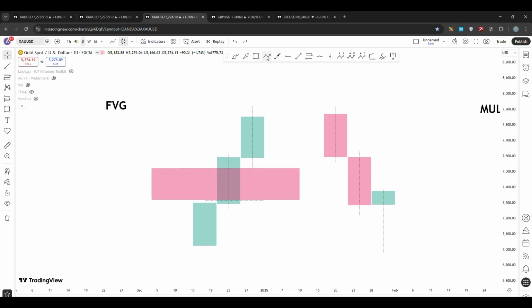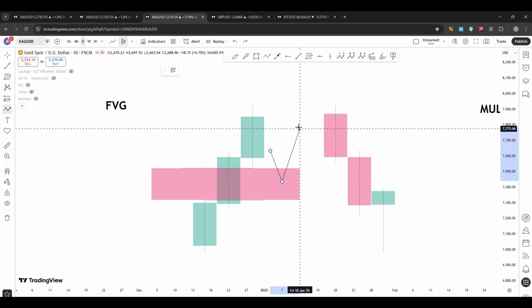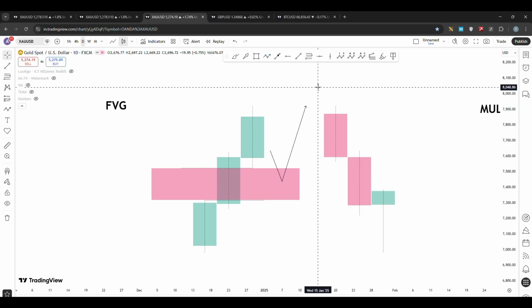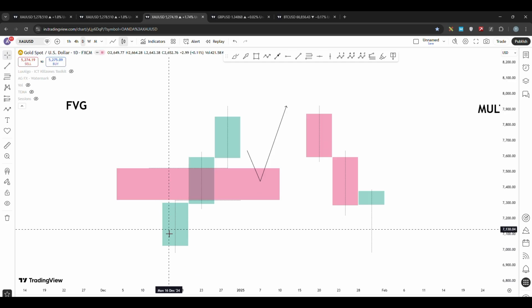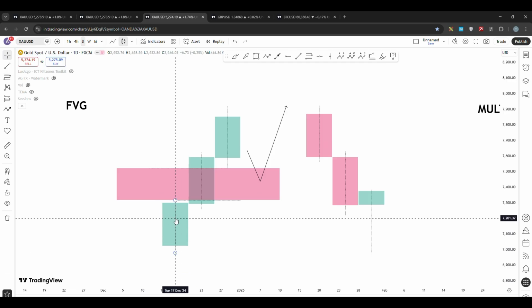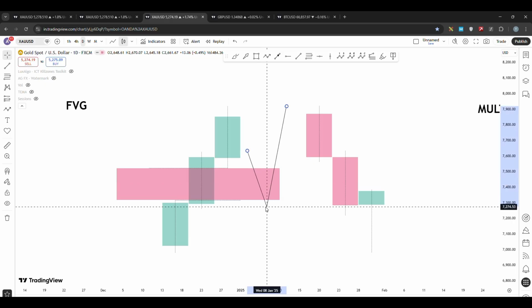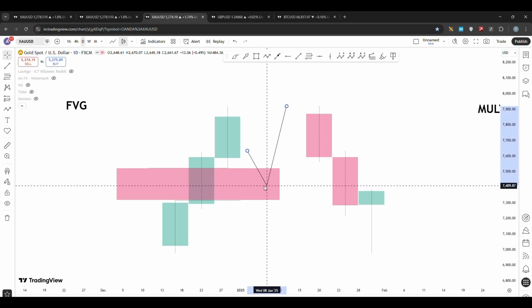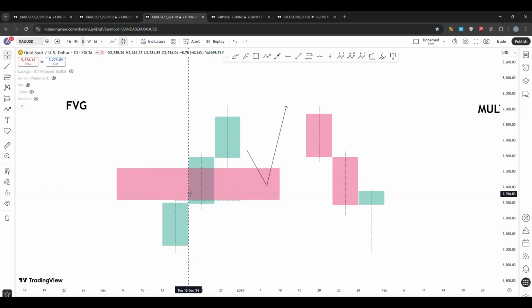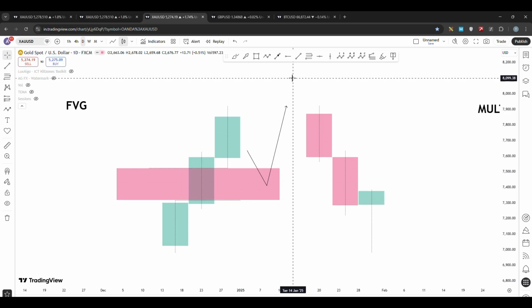So what they will do is they will make sure that market comes down, taps into this zone, and then market continues higher. Okay, so just like order block has pending orders, similarly we'll see that market does not always tap into the order block. Rather, it will just tap into the fair value gap above the order block if you're looking for buying, and that market will start to move from there itself.